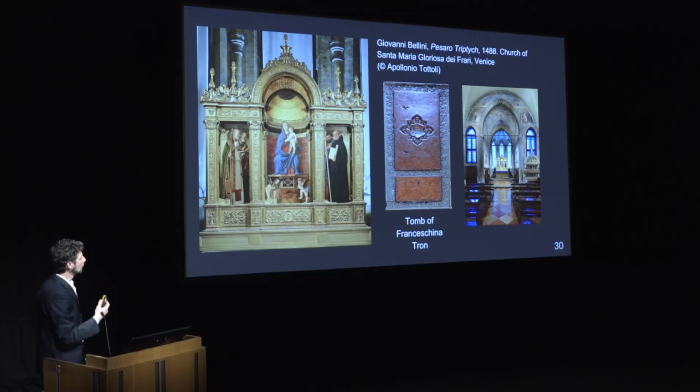But also, you will see just before the altar, this tomb, the tomb of a woman, which was very exceptional at that time. I'm not 100% sure, but I actually think this is the first altarpiece dedicated to a woman, definitely in Venice, but probably also in Italy.